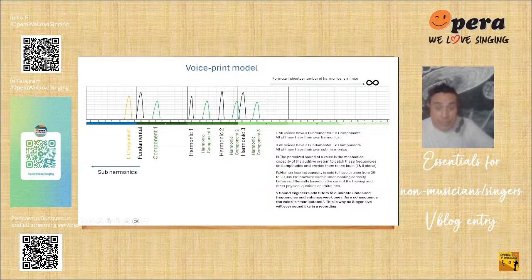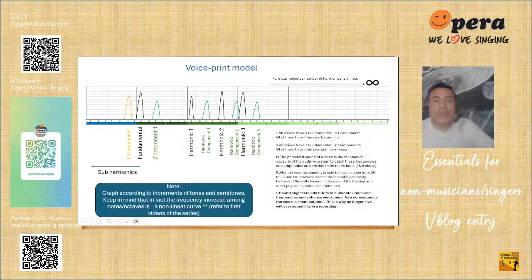Now, I also wanted to tell you, because I didn't want you to forget, I told you at the beginning, but keep it in mind that the graph is according to the increments of tones and semitones, this grid. And remember, this is not linear. This is why it appears that the space between each of the harmonics does not seem to be stable.